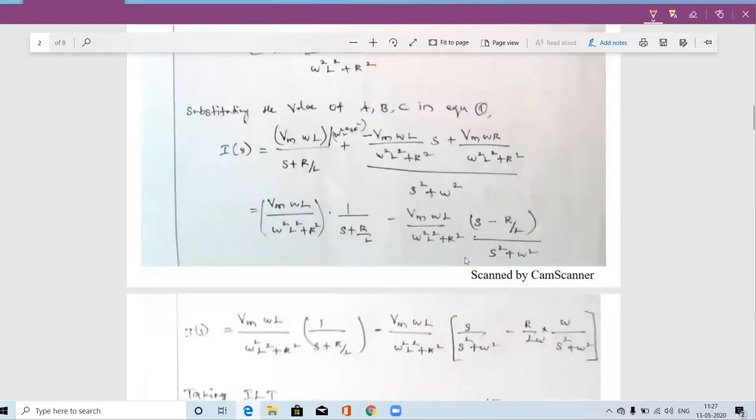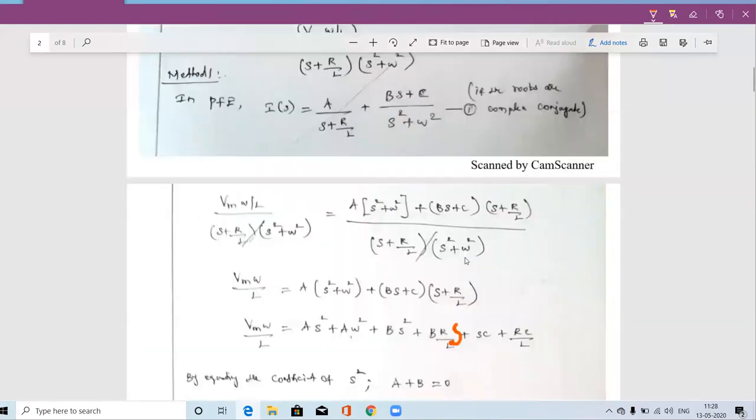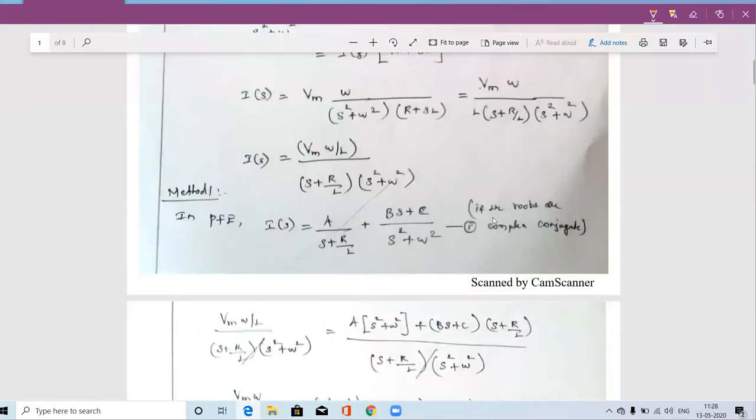So here, when we do the partial fraction, s squared plus omega squared means the two roots may be complex conjugate roots. Complex conjugate roots means plus j a value and minus j a value. Plus j, minus j, that is said to be the complex conjugate.